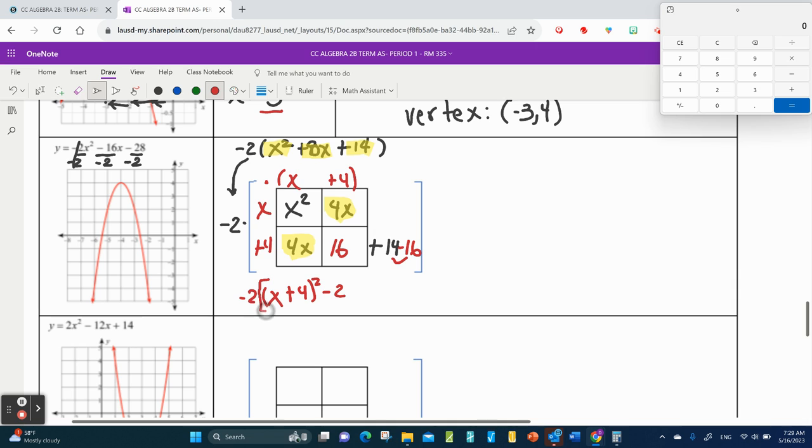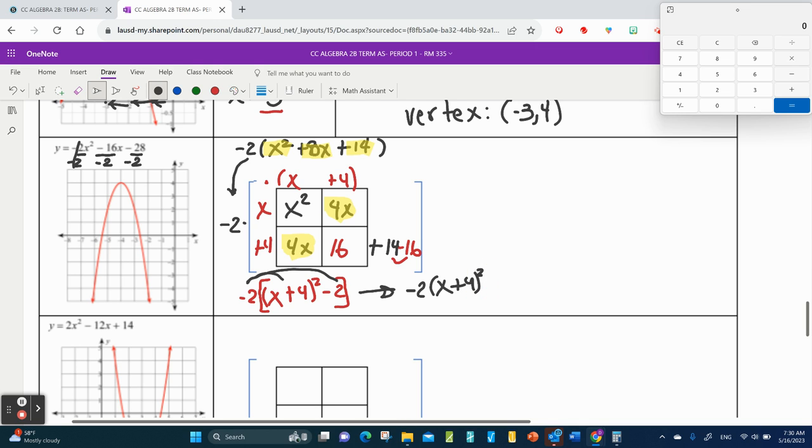Now I'll put the whole thing here in brackets because what happens is I'm supposed to multiply here and here by negative 2. Now that's going to give me a final answer of negative 2, and this becomes the x plus 4. So this part of the equation doesn't get affected.